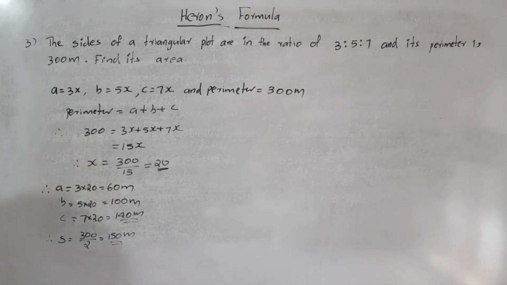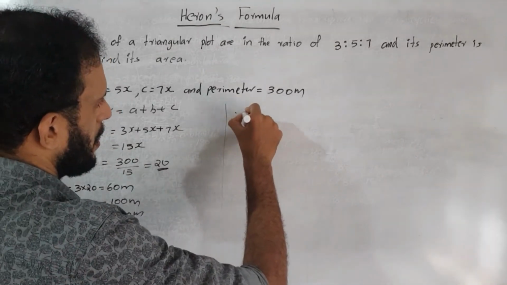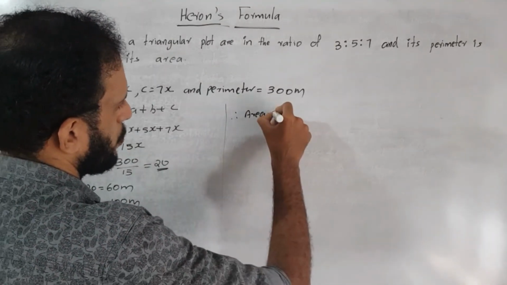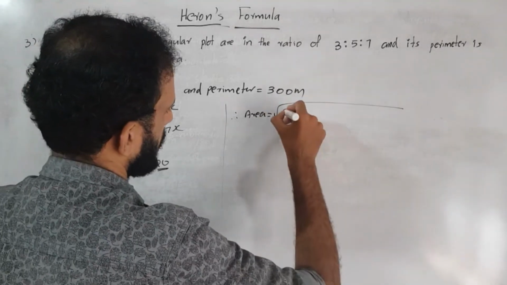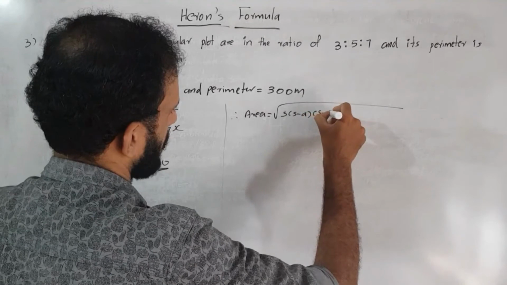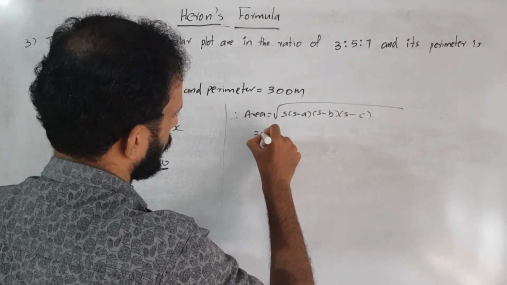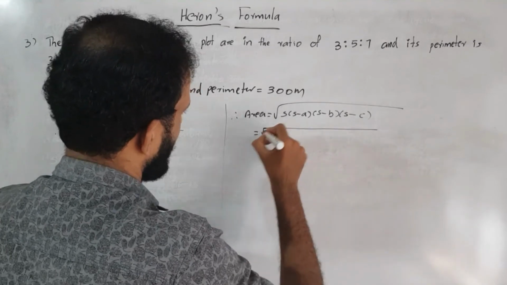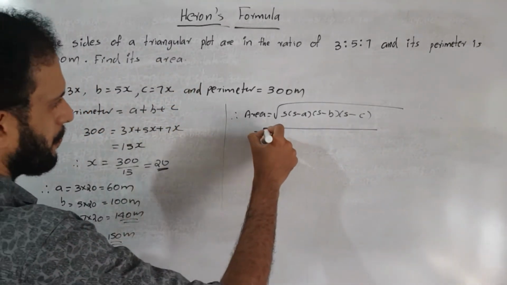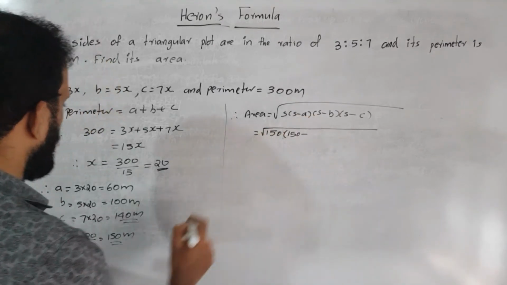Okay, so we got the value of A, B, C and S. Then it's possible to apply the equation directly. Therefore, area is equal to root of S into S minus A into S minus B into S minus C, is equal to root of S is 150 into 150 minus A. What is A?